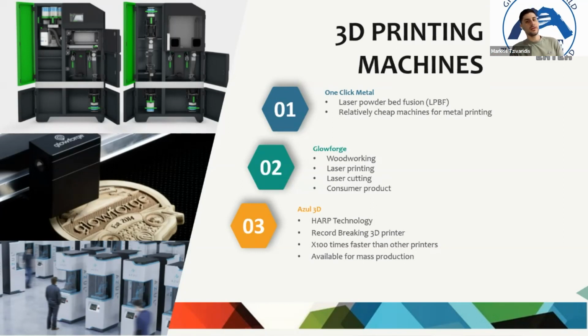The innovation here is that this specific machine is relatively cheaper than those machines out there. It has a huge robustness, and the whole machine, as you can see on the upper left, is pretty small.